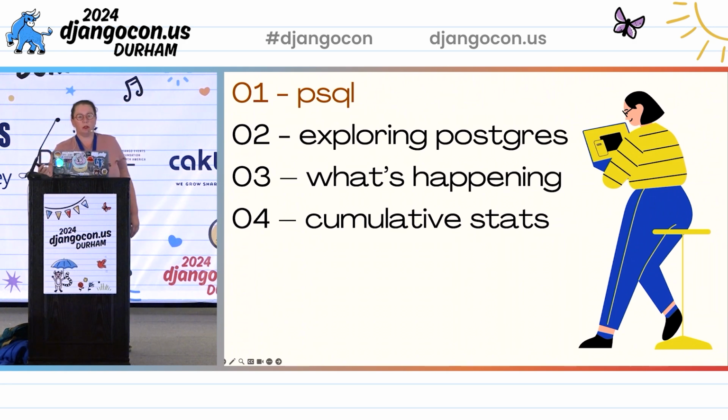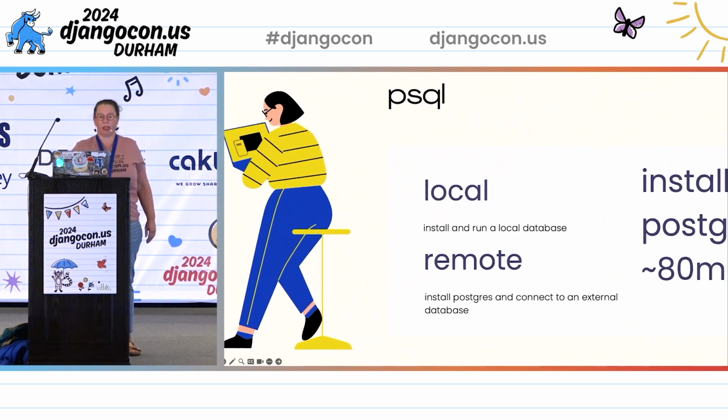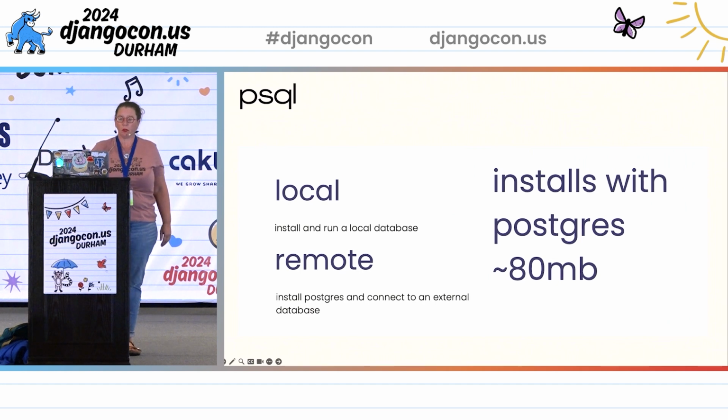If you've never gone into Postgres or into psql, there is a command line interface for Postgres. It comes and installs with Postgres itself. You can't really install it as a side piece. If you've got a local copy of Postgres running, you already have it.